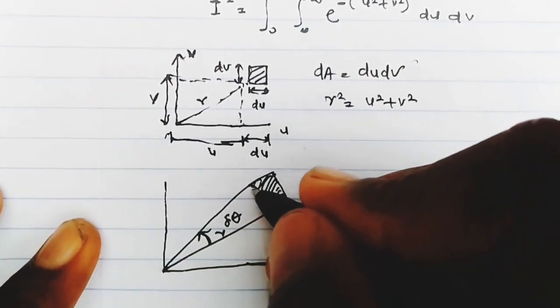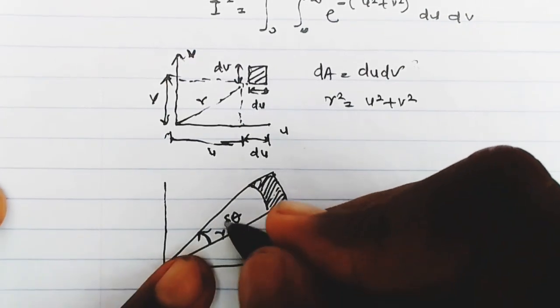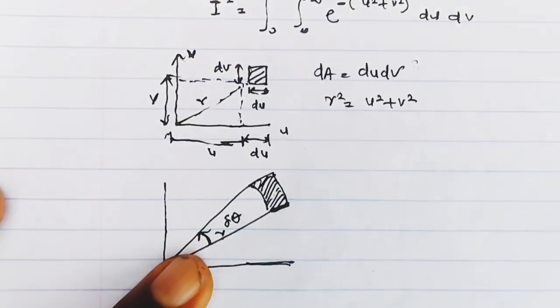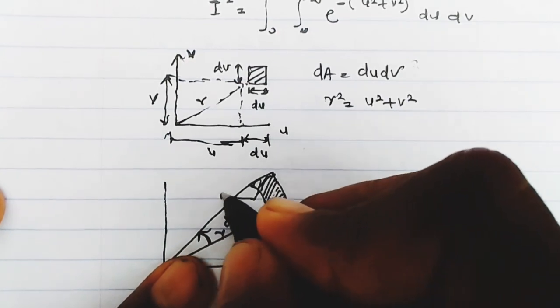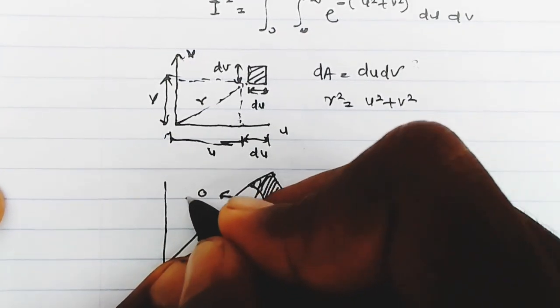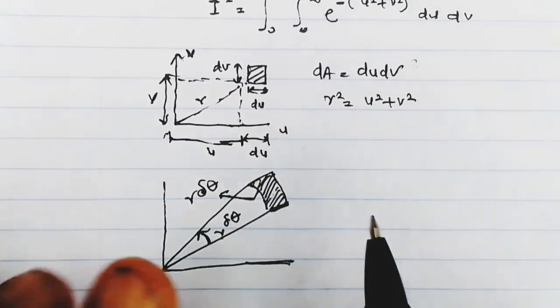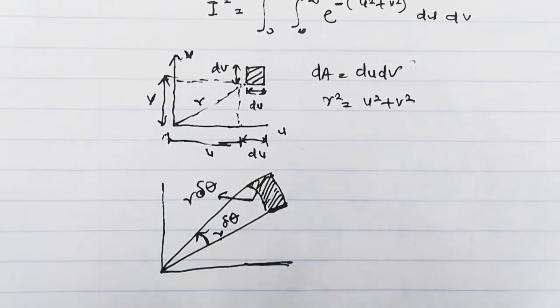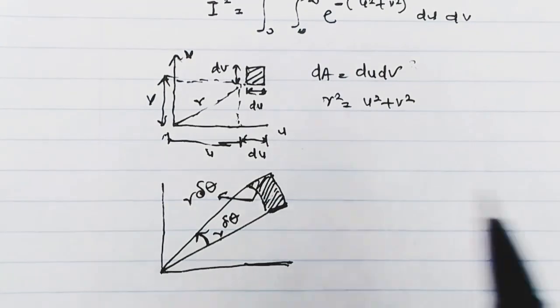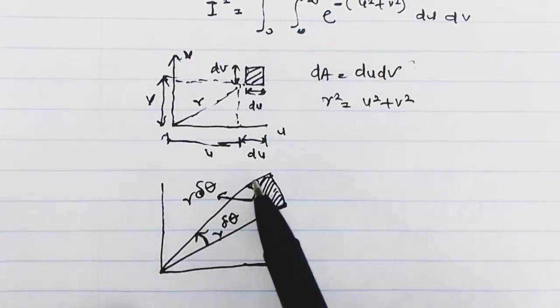So this length, when I rotate it, the distance covered is r d theta.